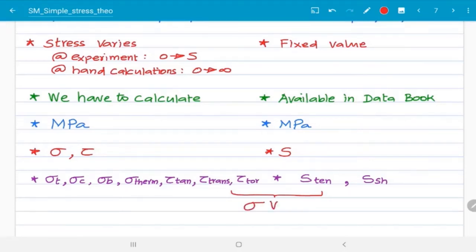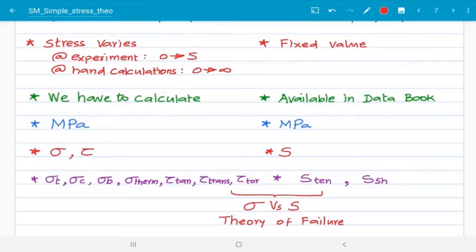Sigma versus strength. So this comparison is nothing but theory of failure. Civil students, for the structural area, not a subject, the full area.